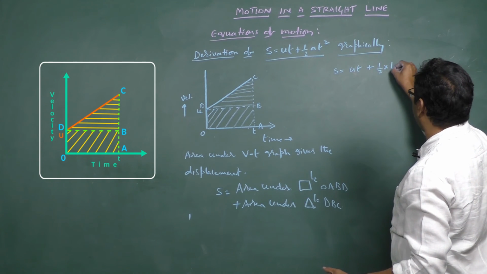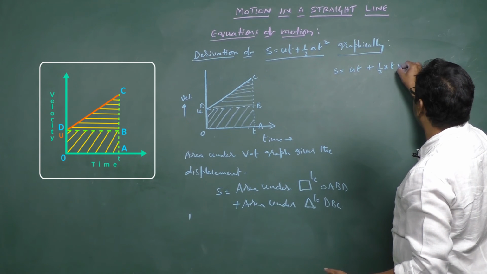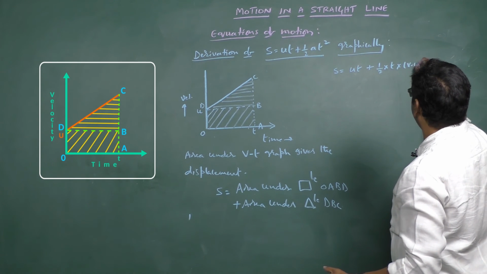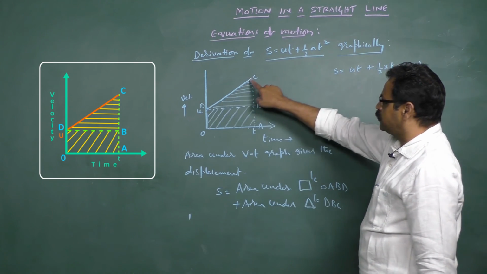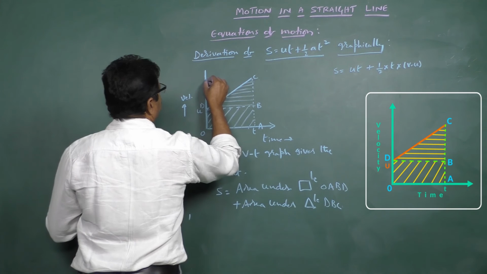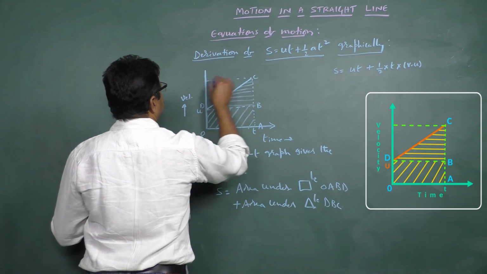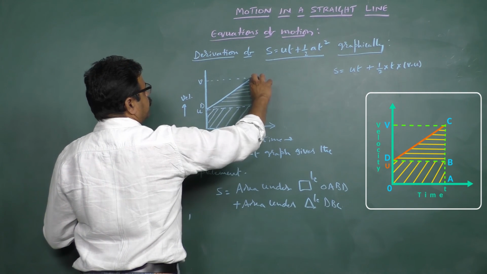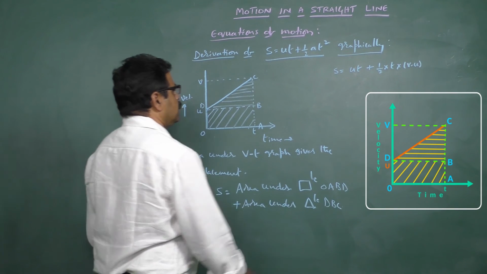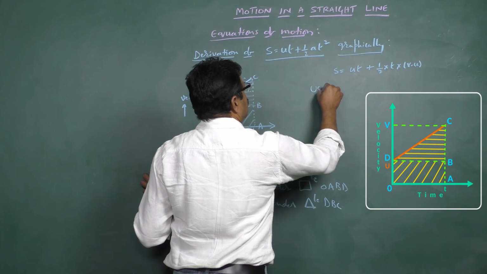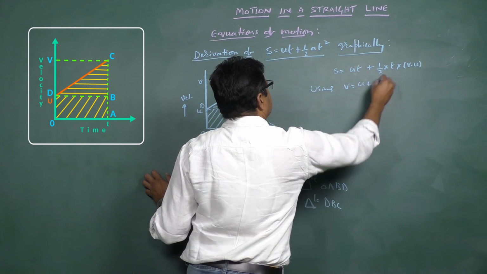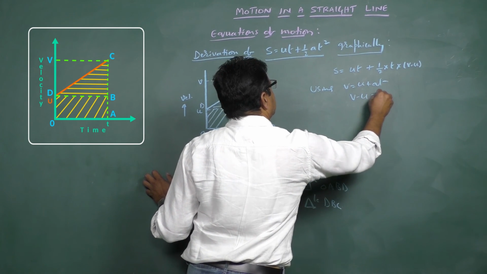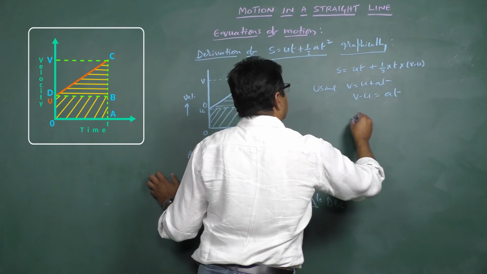Base is time and height is going to be v minus u, because it is starting with an initial velocity u and reaching a final velocity v after time t. So this difference is going to be v minus u, and using v is equal to u plus at, v minus u can be written as a into t.